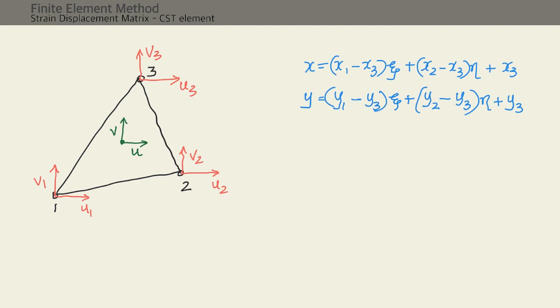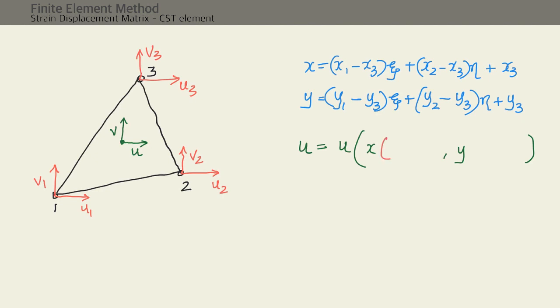We know that the value of u and v changes with the position inside the element, and we can write that u is a function of x and y. From these equations, we know that x depends on psi and eta value.